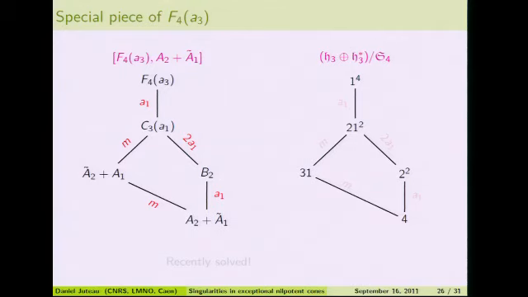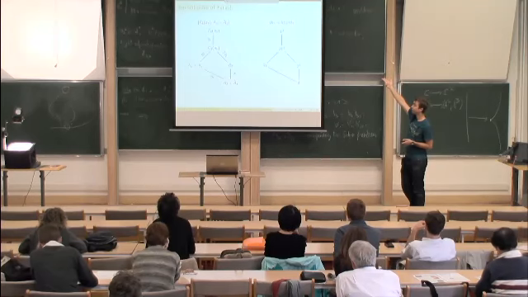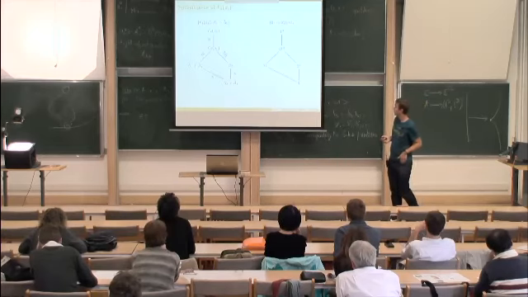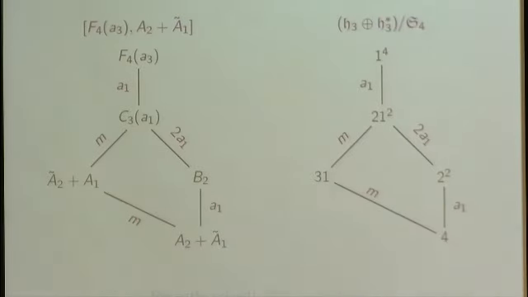And when I showed this to Bellamy, he immediately thought about this singularity, H plus H star modulo S4, which has the same minimal degenerations. And so we conjectured that in each case, at least for these 3 very special cases, it should be like that.